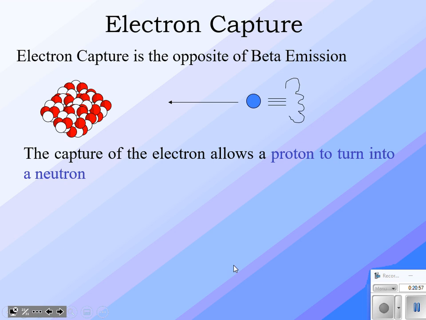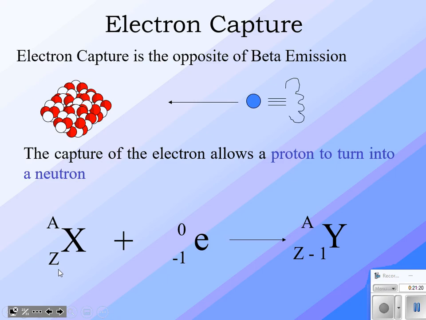So once again, is my top number going to change? No, because a proton turns into a neutron. Is my bottom number going to change? Yes, it is. How's it going to change?